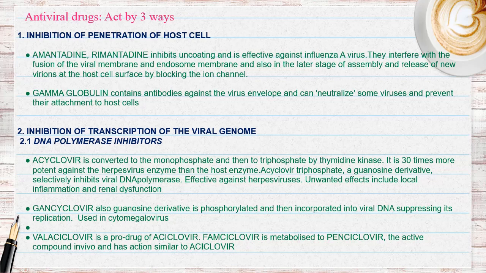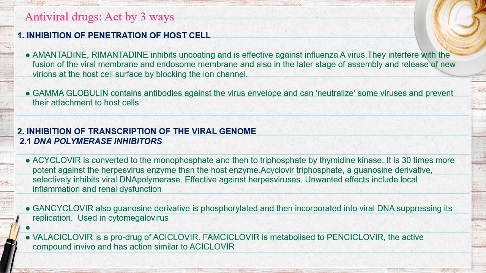So when the viral DNA polymerase is taking one of the nucleotides as a guanosine, and you have a false nucleotide being formed by acyclovir, it interprets the acyclovir triphosphate as its nucleoside, and it incorporates, leading to false DNA synthesis. So this is effective against herpes virus.